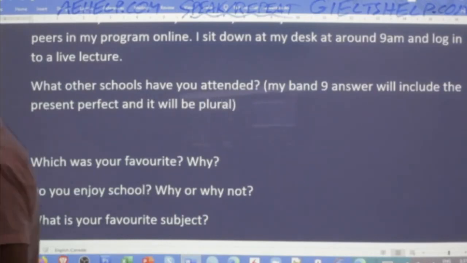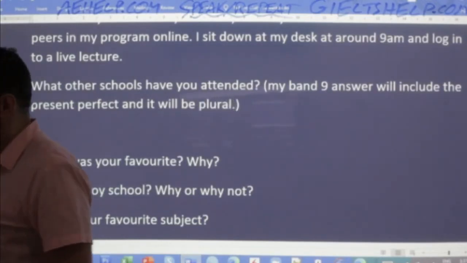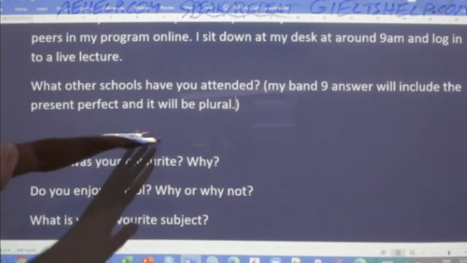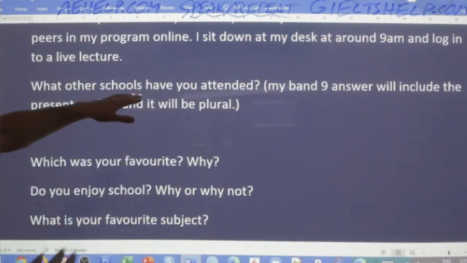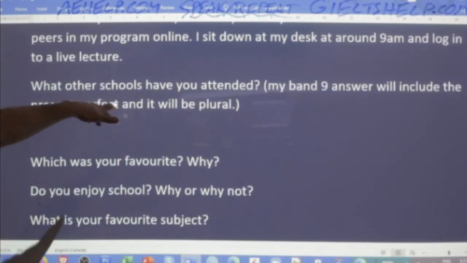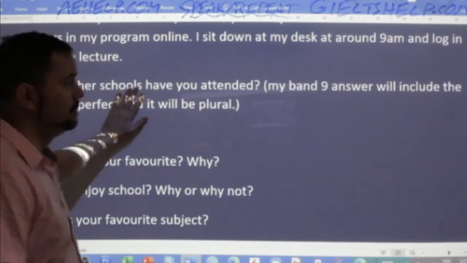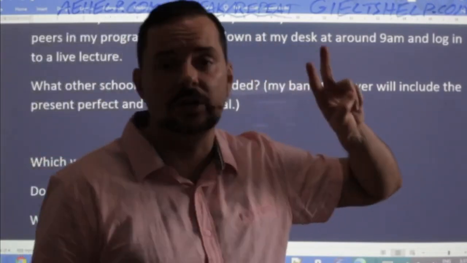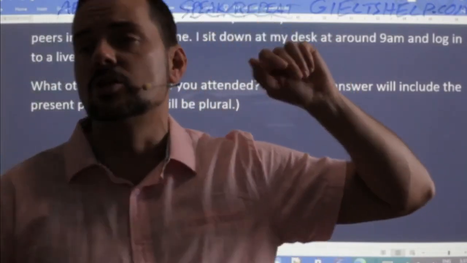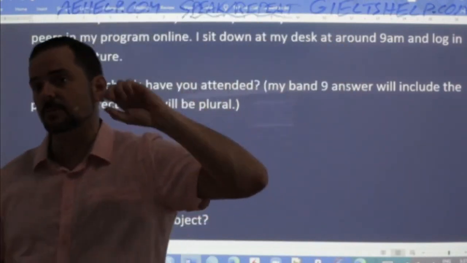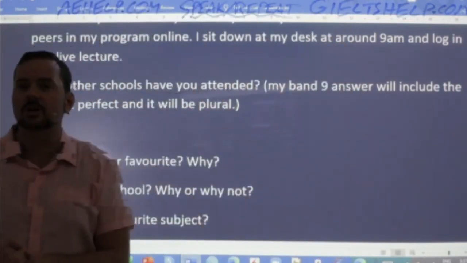Okay. Why? Because we have plurals here, schools. Okay, so don't just talk about one school, talk about at least two. Okay, your high school, your elementary school. So present perfect and plural. Pay attention to all of that.